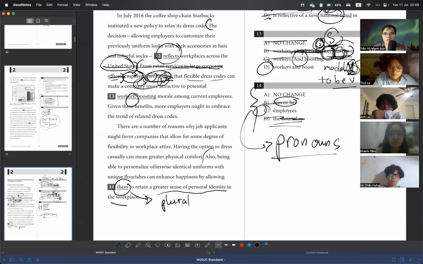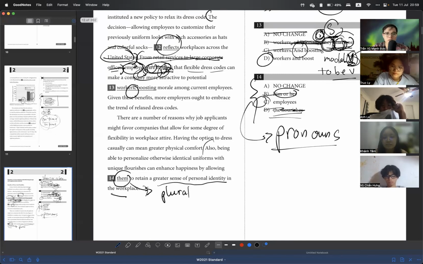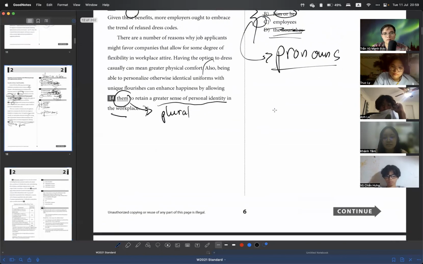You can't refer to the employees as them, because if you use them, there has to be a noun before so you can refer to it. And if there are too many nouns before, it gets too convoluted and confusing, it means that the pronoun is wrong.